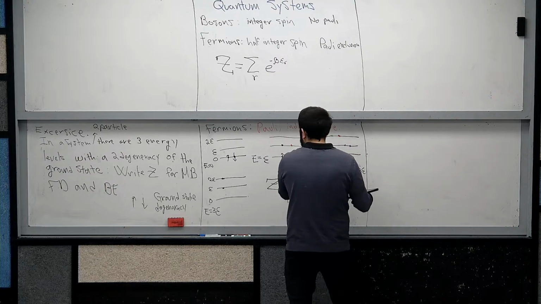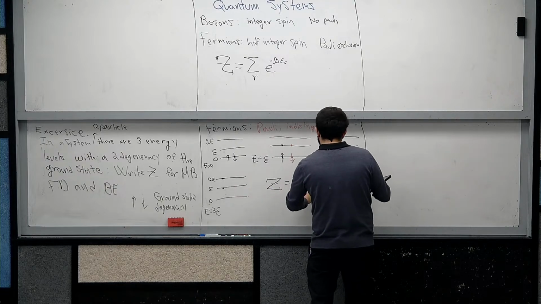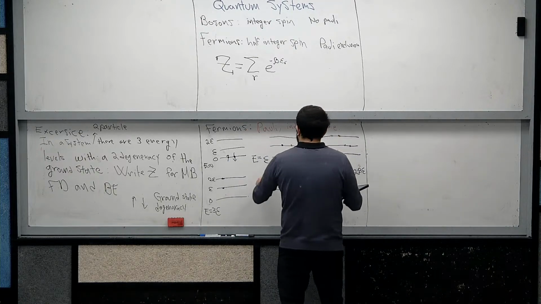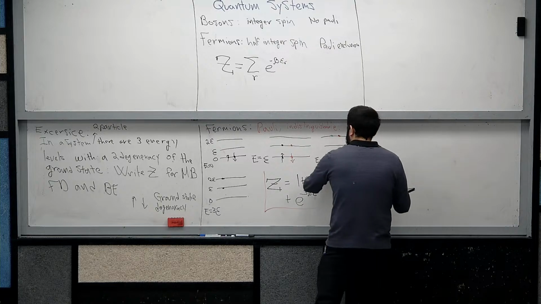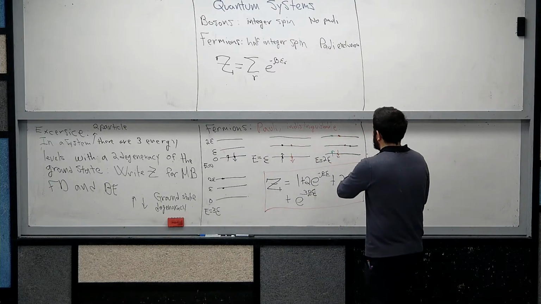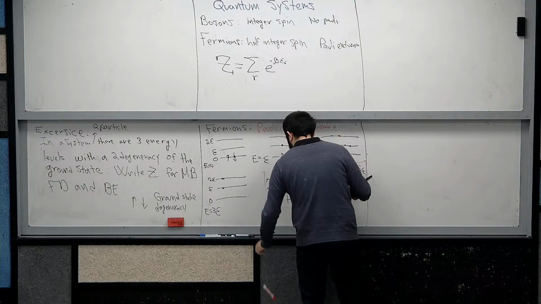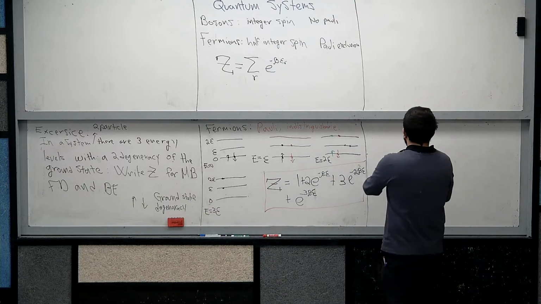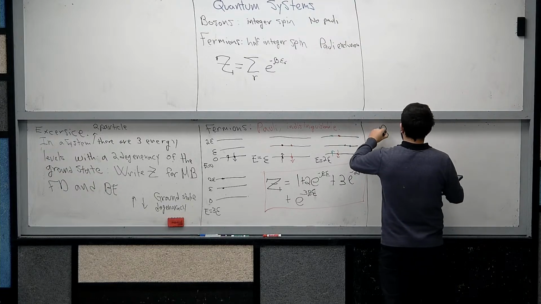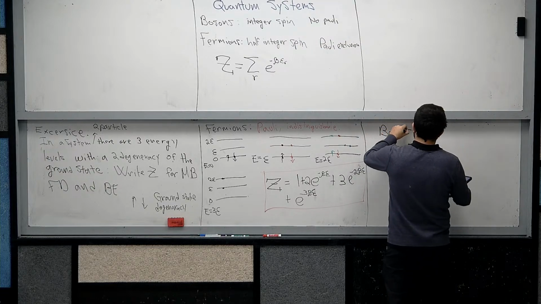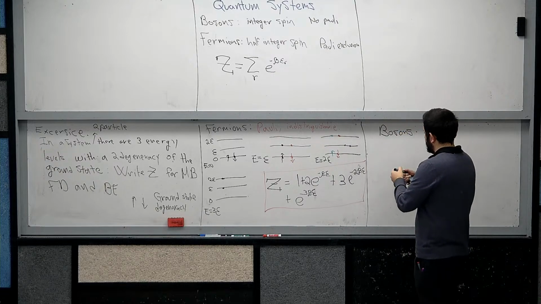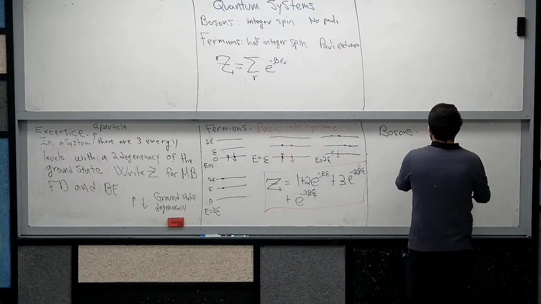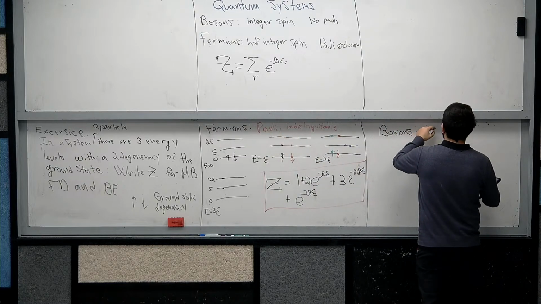The last one is just one state, one possibility. So this is the partition function for fermions. Now for bosons, we don't have Pauli exclusion, but the particles are indistinguishable.